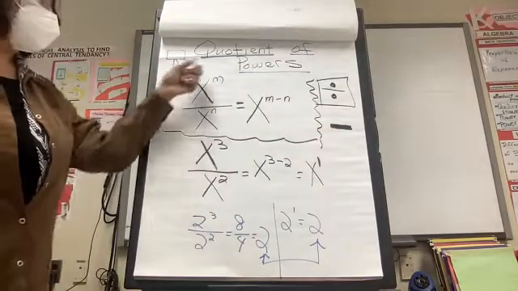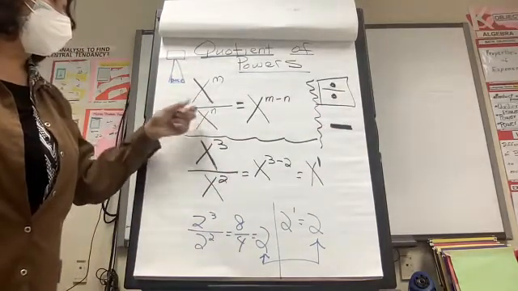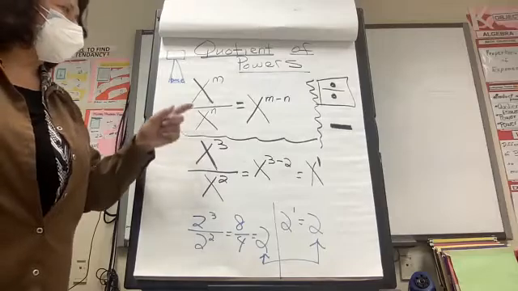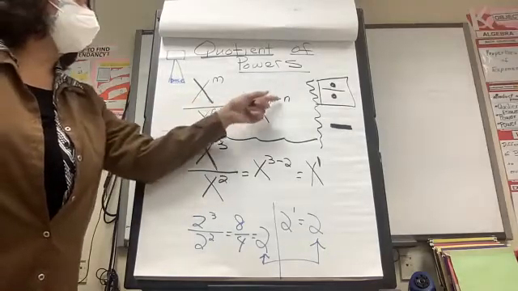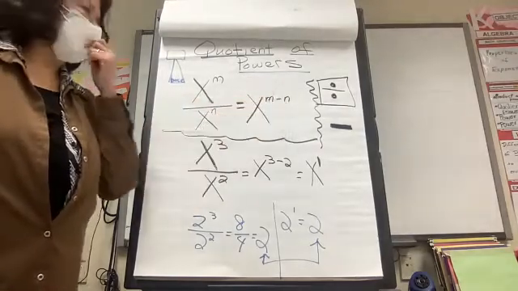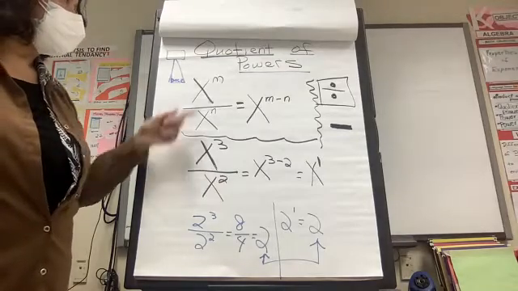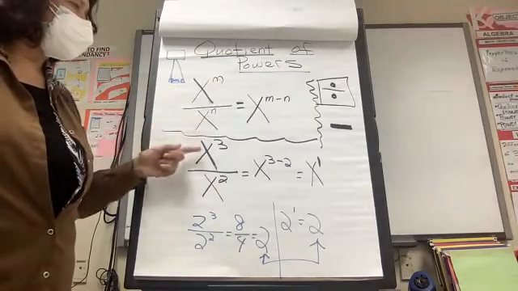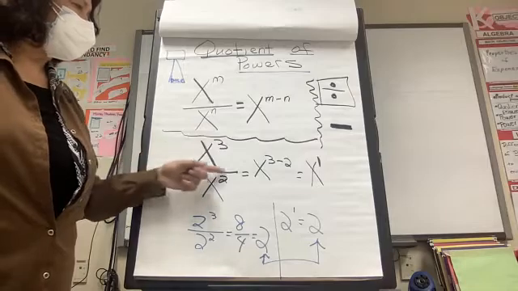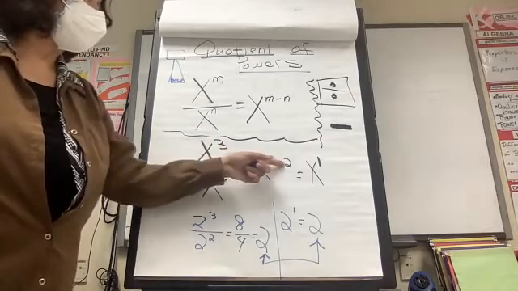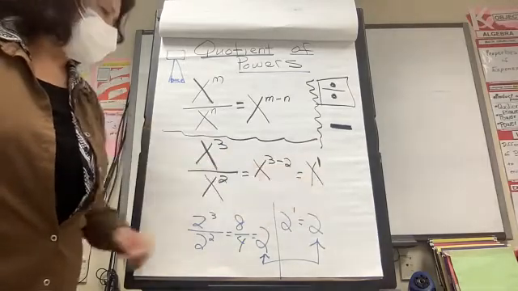Okay, so X to the m divided by X to the n is equal to X to the m minus n. So if we gave m and n values, we would have X to the third divided by X squared, which would be X to the 3 minus 2, which would be X to the 1.